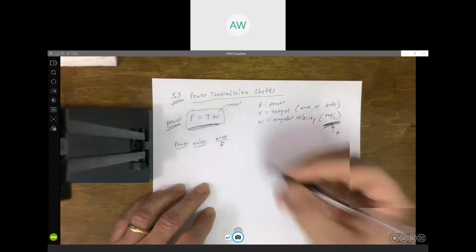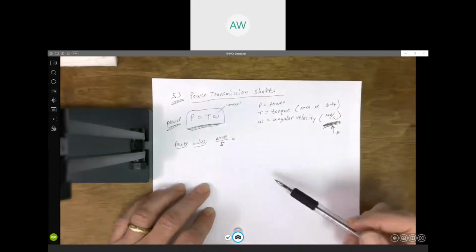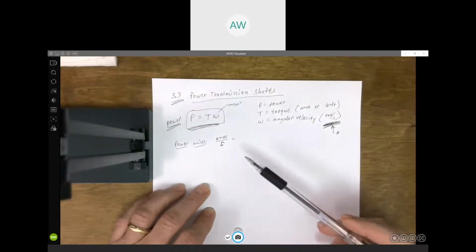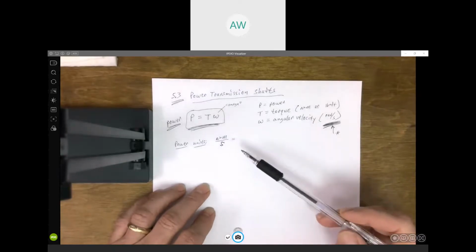Now, in the SI world, that's called something else. Kind of like, when we're doing stress, newtons per meter squared, we call it a Pascal. Anybody remember what a Newton meter per second is? What's it called? Somebody?